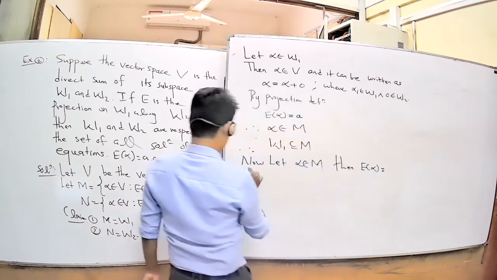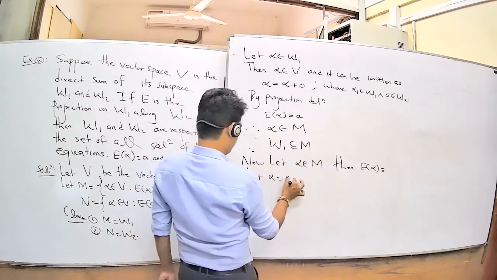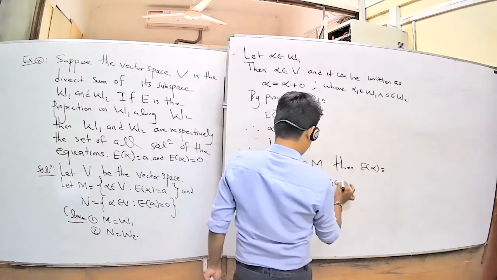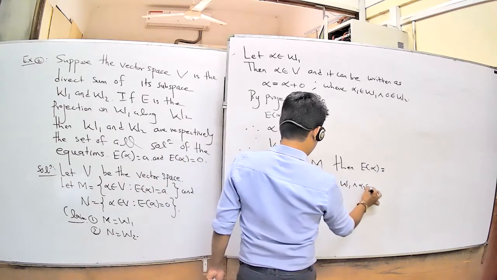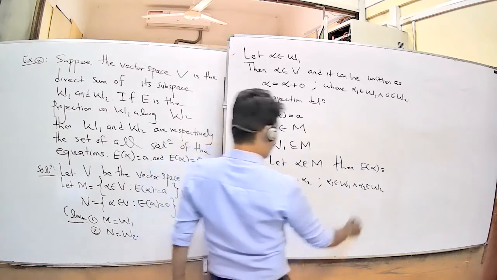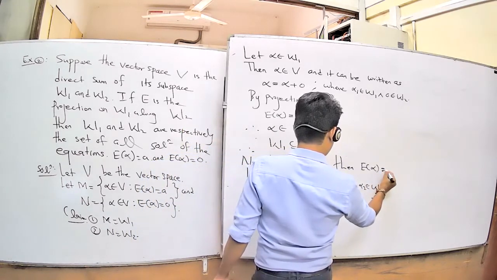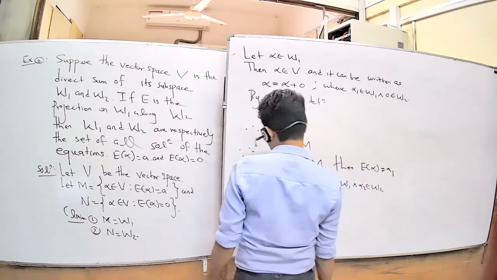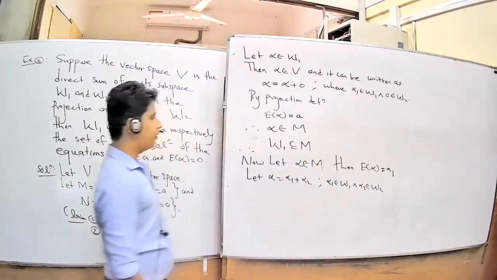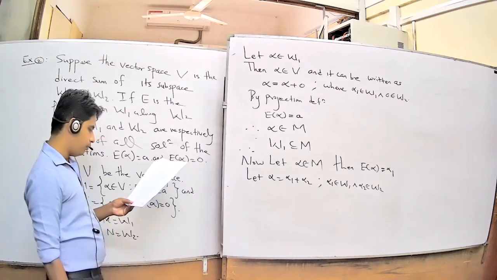Here we assume that alpha equals alpha 1 plus alpha 2, where alpha 1 belongs to W1 and alpha 2 belongs to W2. By the projection, E alpha equals alpha 1.